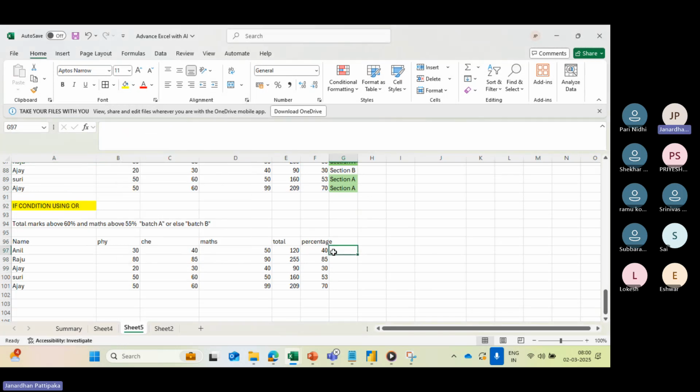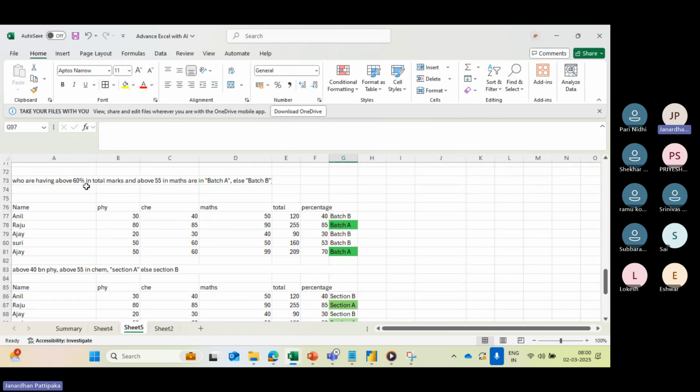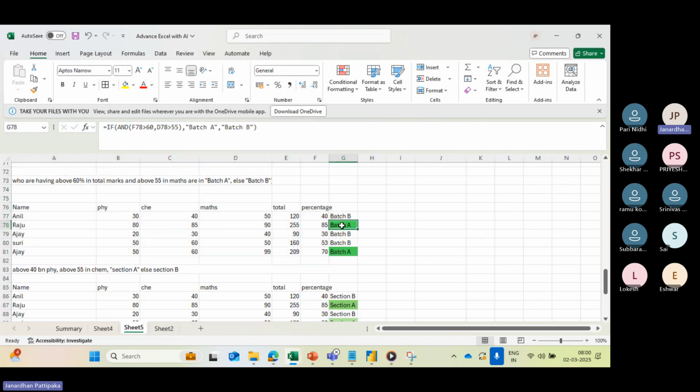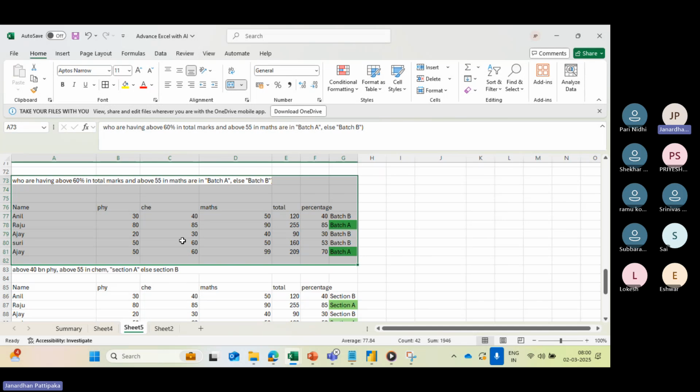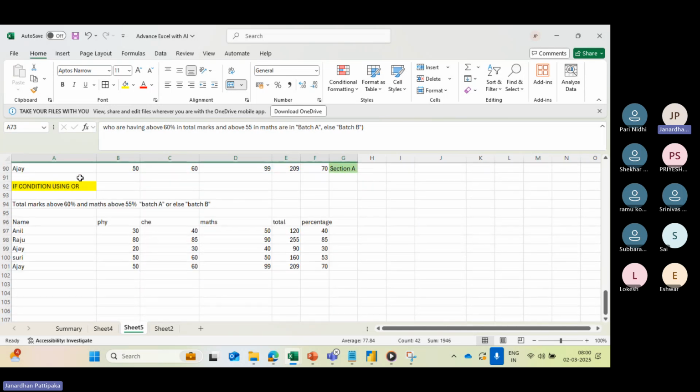Let us write the same formula. Total marks is 60% and maths, we have taken 60% and maths. This is the one we solved by using IF and AND, right? So with the same data, I am now using the IF and OR concept.